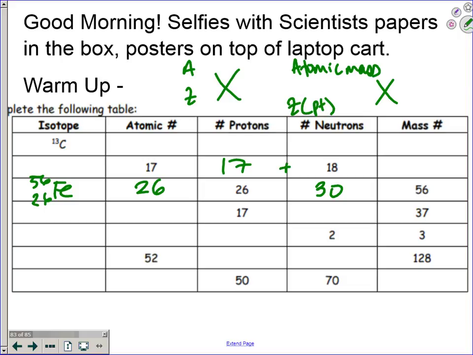You just did protons plus neutrons, so 17 plus 18 is 35. Atomic number gives us the isotope identity by looking at the periodic table. So who's atomic number 17? Chlorine. Okay.